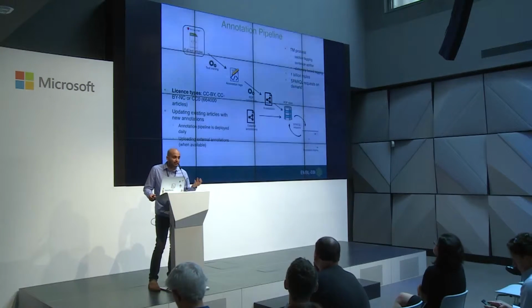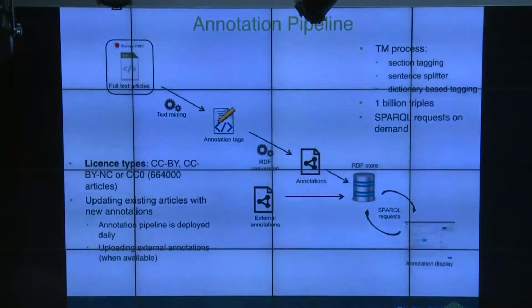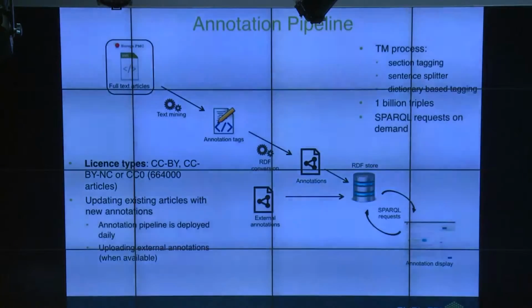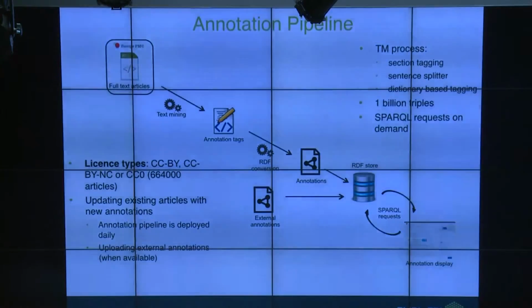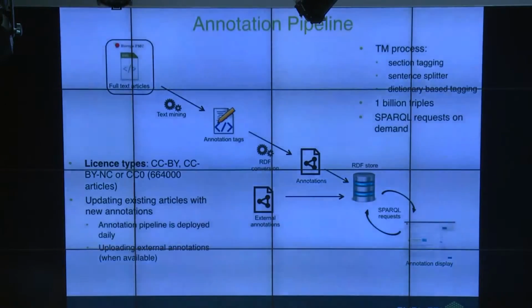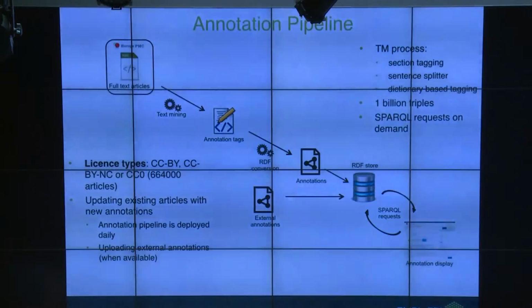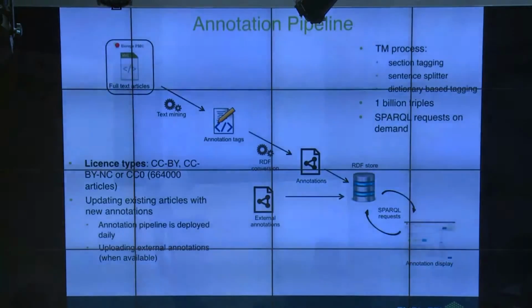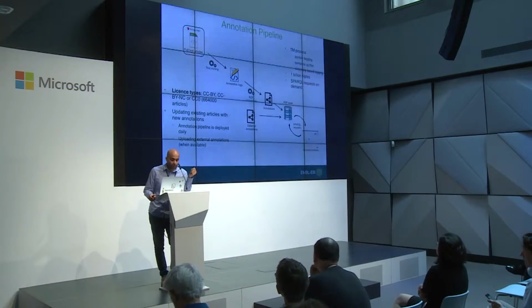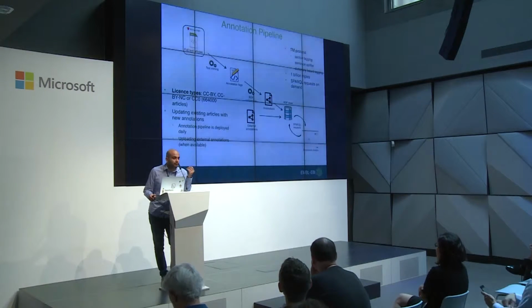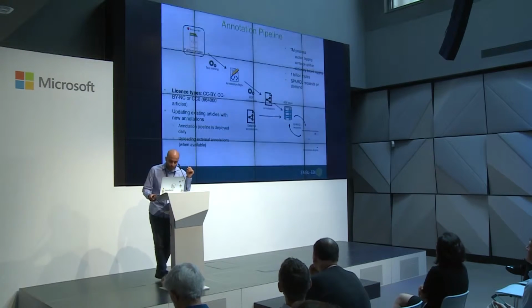These annotations are exposed as RDF and stored in a dedicated RDF triple store, and we also include the external annotations. Generally, we encourage providers to follow the web annotation model. We also provide some assistance in modeling the data.